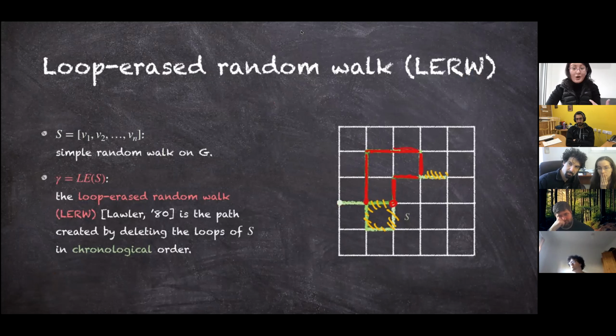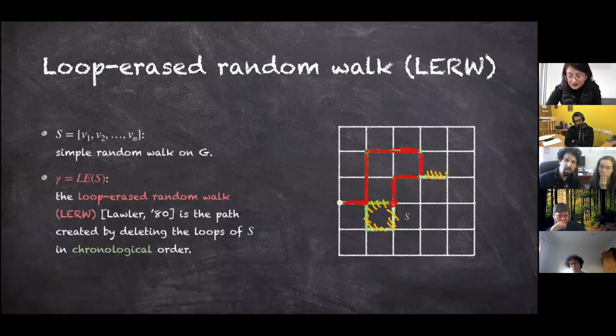And here, although I intersect part of my path that has already been erased, this is where being in chronological order matters, because even if I intersect something that was previously erased, I can use this edge because this doesn't matter anymore.